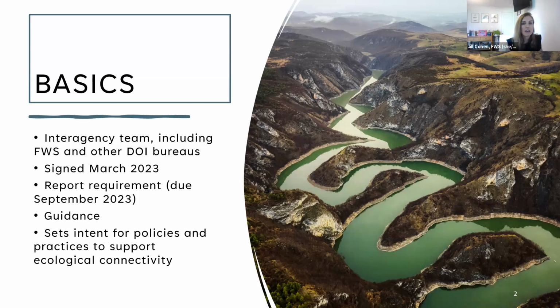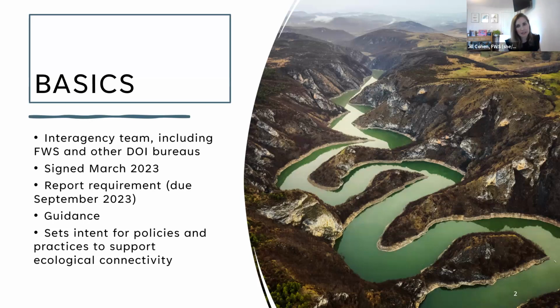It does have a reporting requirement that's coming up where agencies are directed to provide reports on their progress, which was 180 days from the time it was signed. So that deadline is approaching in September of this year.